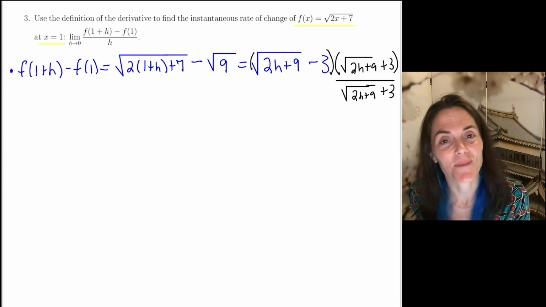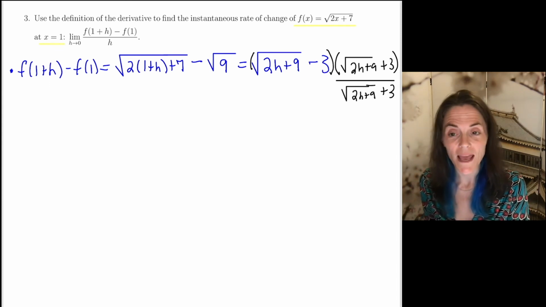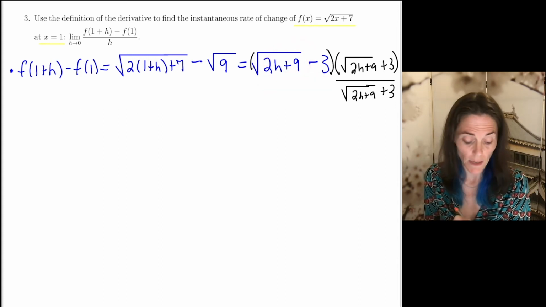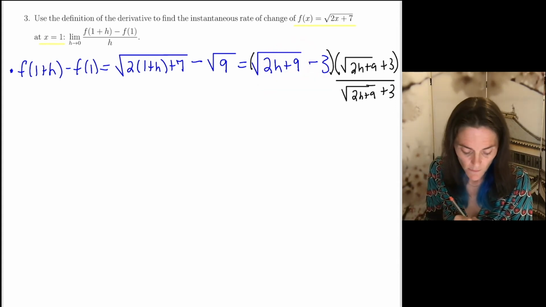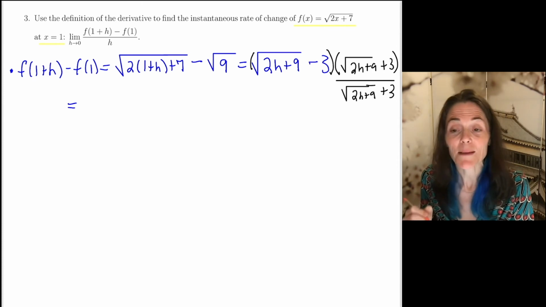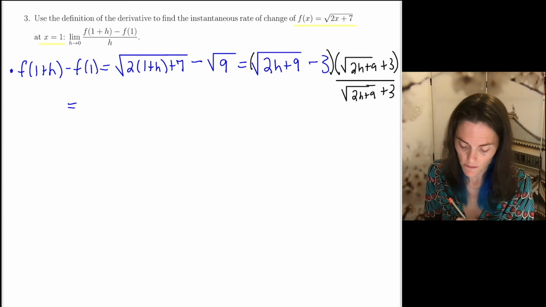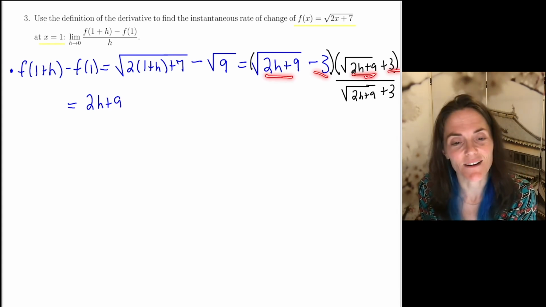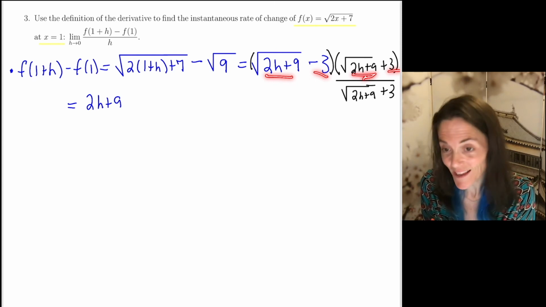Okay, I have multiplied by 1, but I've done it in a way that I will no longer have this square root in my numerator. Okay, so when I multiply, the firsts become 2h plus 9, and then you notice outer and inner, they add to 0. That's why this works so lovely.